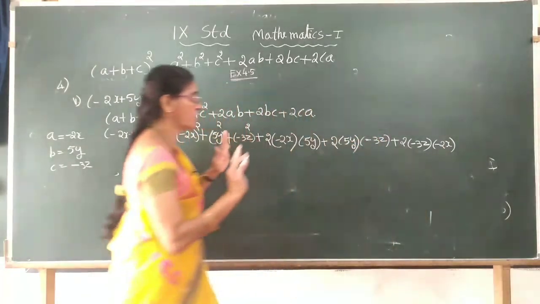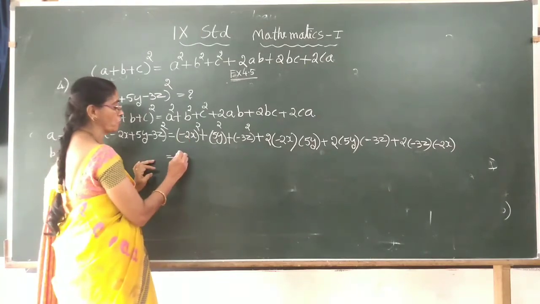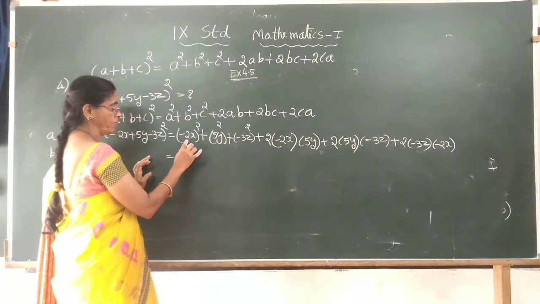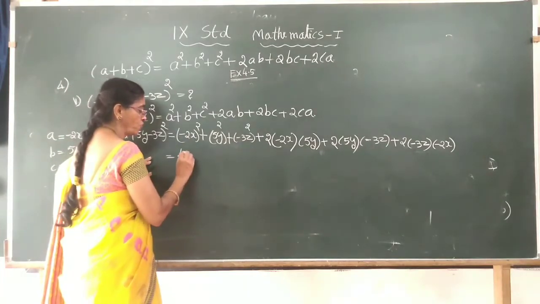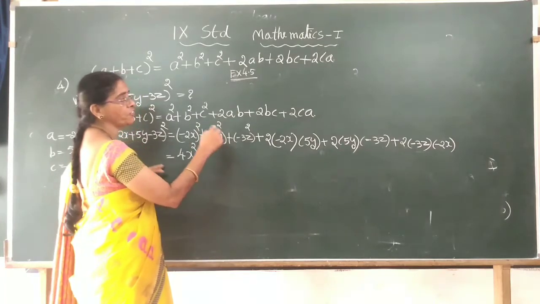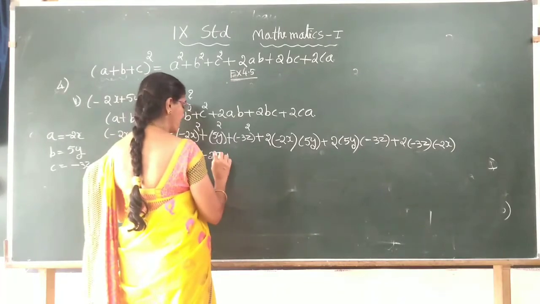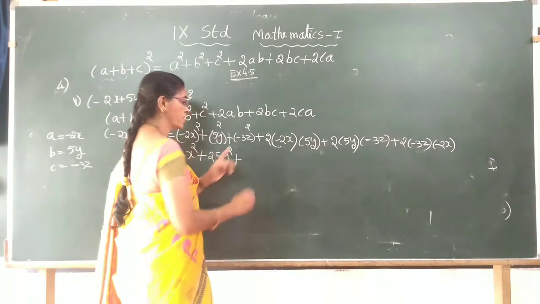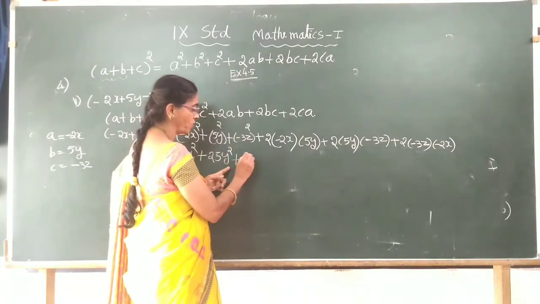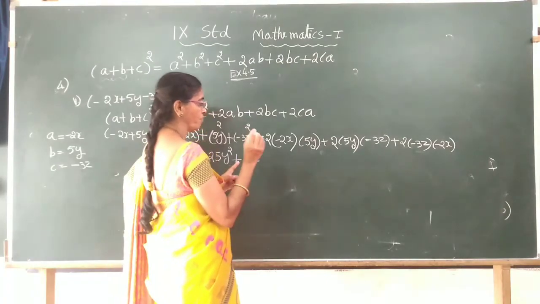If you do this correctly, there is no problem, we will do it slowly. Minus into minus, if you square, is plus: 2x into 2x, 2 twos are 4, x square. Plus 5y into 5y: 5 fives are 25, y square. Minus 3 into minus 3 is plus: 3 threes are 9, z square.